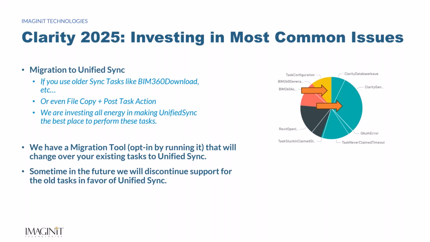And so we do now have a tool that you can run that will migrate your various old style file synchronization tasks into the equivalent unified sync task. So we're hopeful that people will do that and start moving to the nicer tasks.